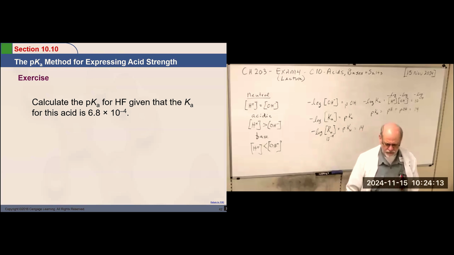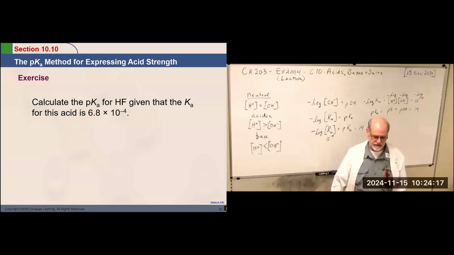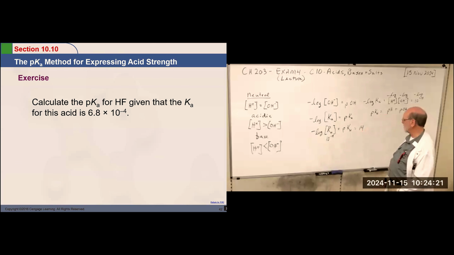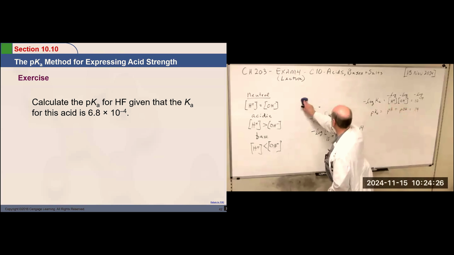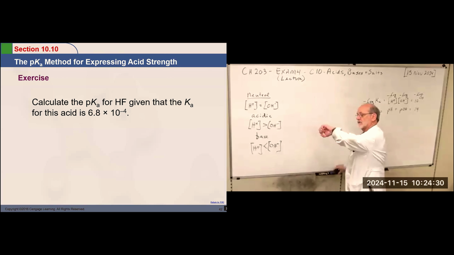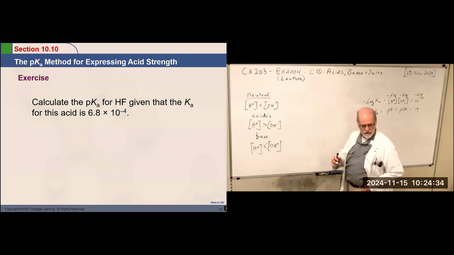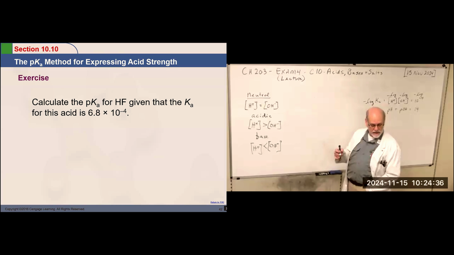So what's the pKa for HF? Okay, so we're going to do hydrofluoric acid. If the Ka for this acid is 6.8 times 10 to the minus 4, what does that mean? Let's make some room over here.